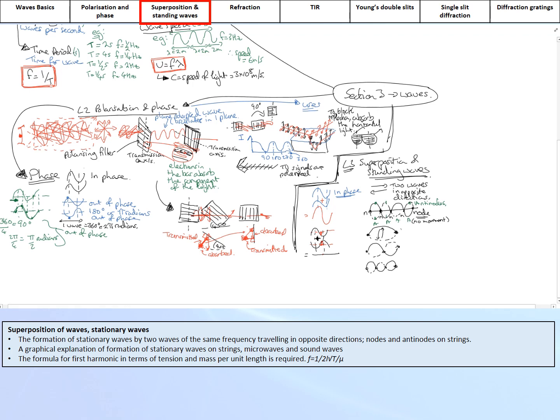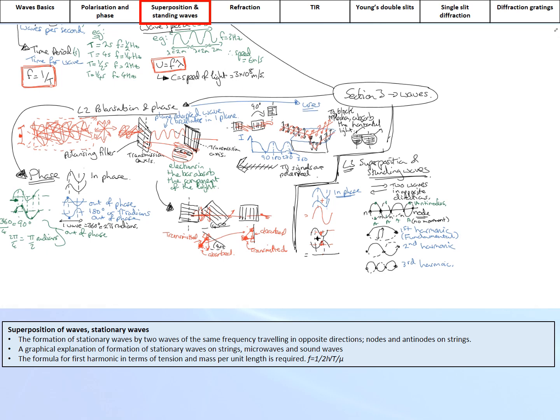So this is the first harmonic, this is the second harmonic, and this is the third. The first harmonic is also sometimes called the fundamental.